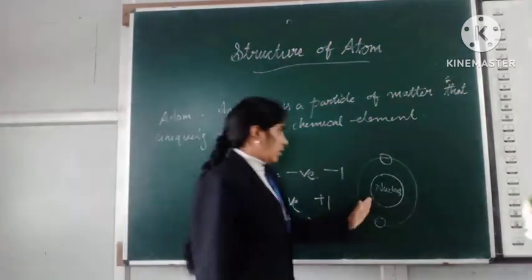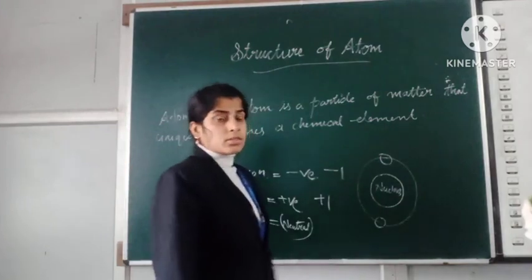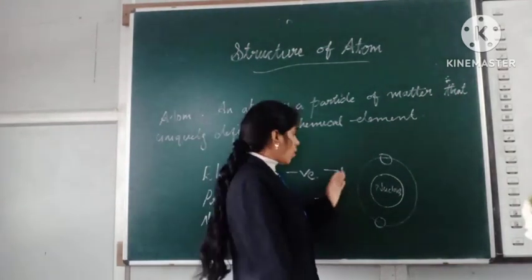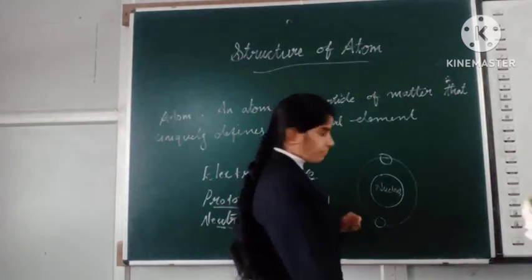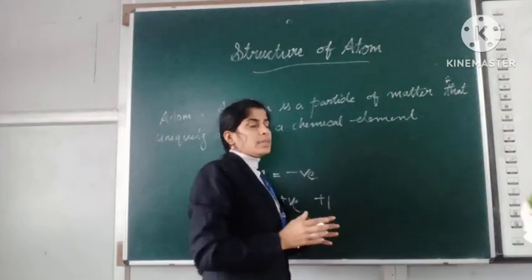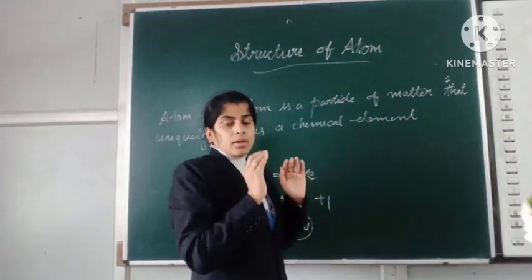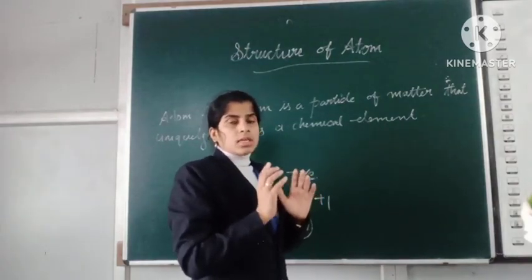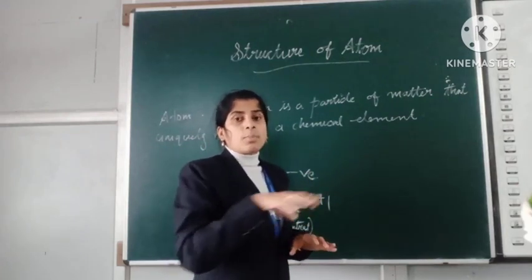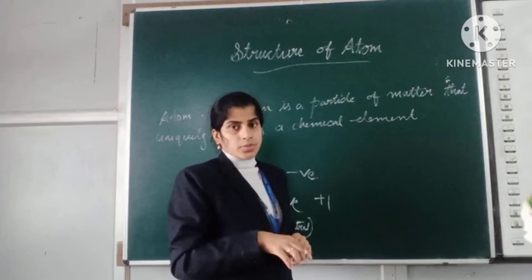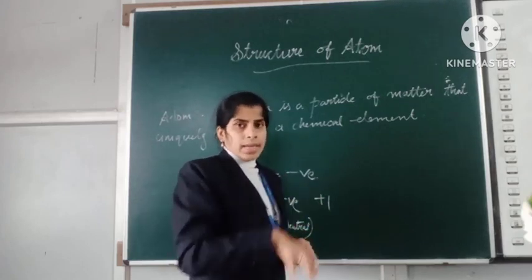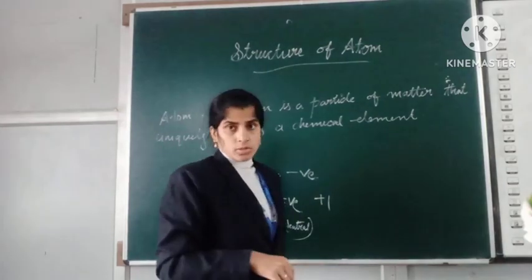Now, the atomic structure has shells, different orbits. Just think of the nucleus as our sun, and all the planets as our electrons. These planets revolve around the sun, and it is like that in our atomic structure.